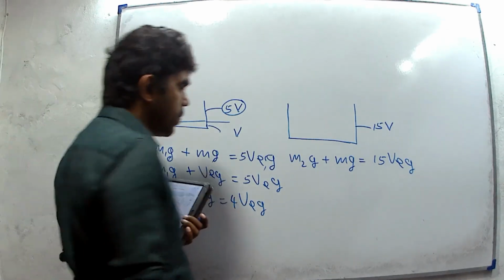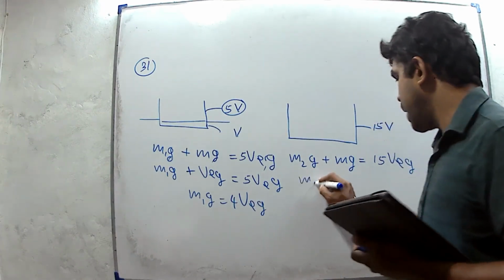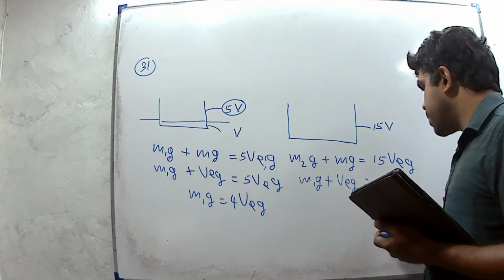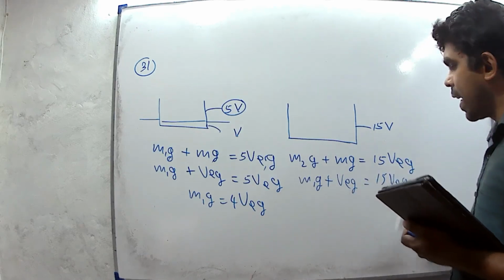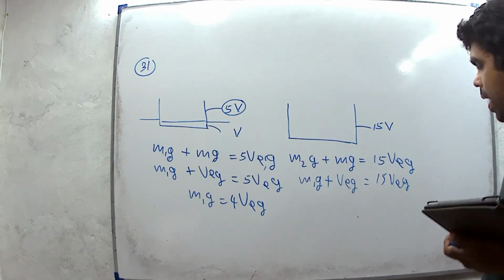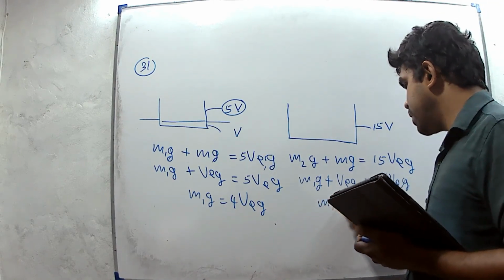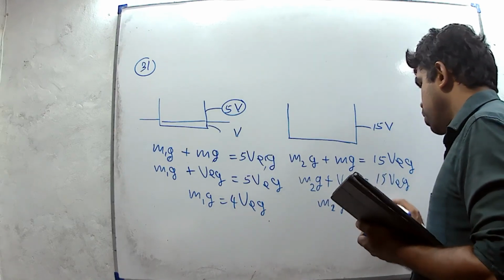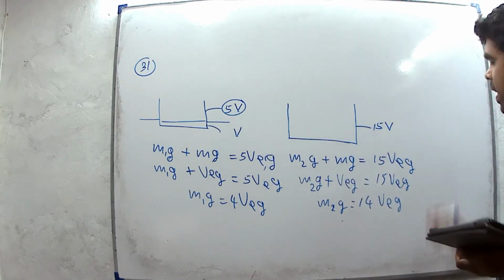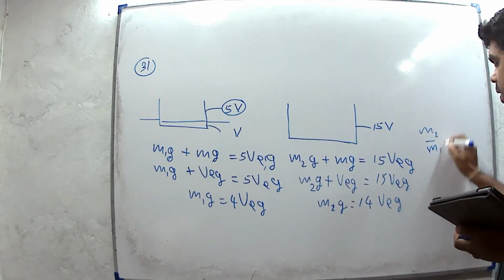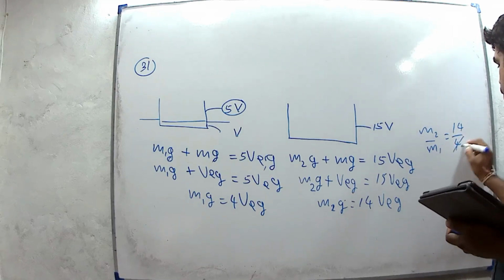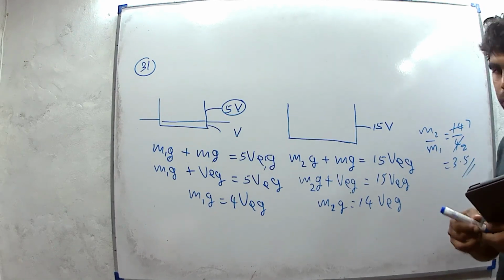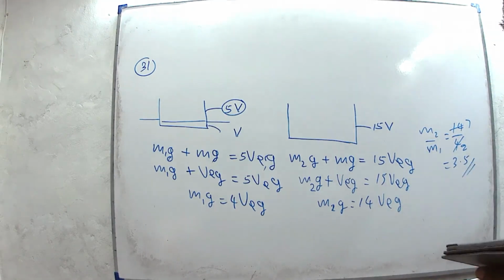For this situation, we have the same mass, therefore the same upthrust V rho g, and 15V rho g. We can get the same equation. M2g should be equal to 14V rho g. Dividing both equations, M2 divided by M1 is 14/4, 7/2, 3.5. Then there is no correct answer for question number 31.